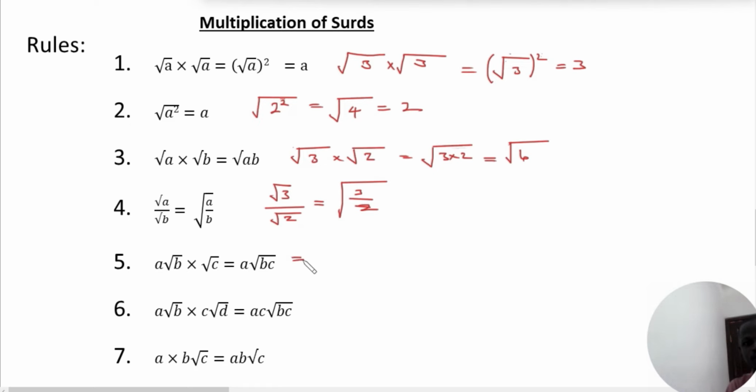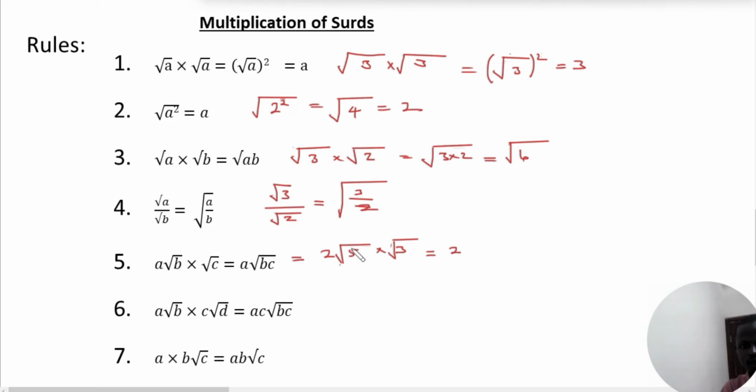Let's say we have 2 root 5 multiplied by root 3. So here this becomes 2 times 1, since there's nothing in front of the second root, so you take it as 1. 2 times 1 is 2. So you're going to have 2.